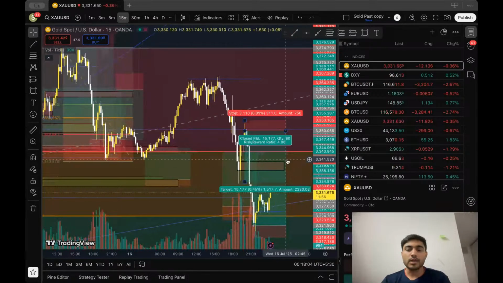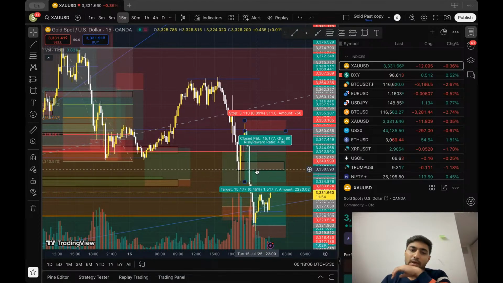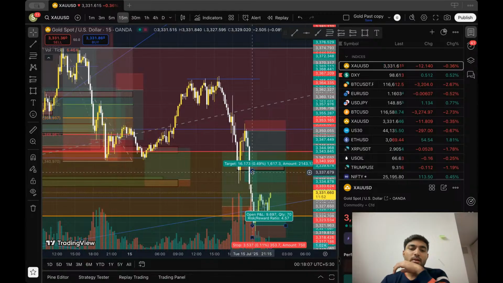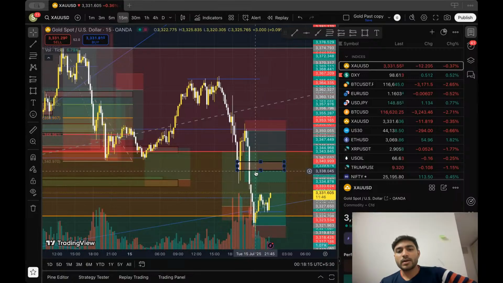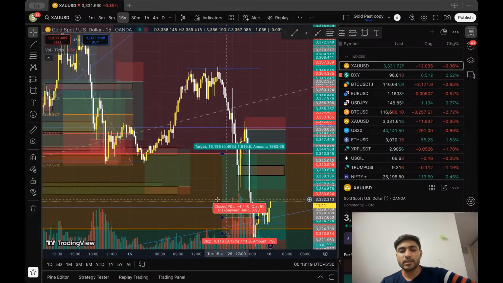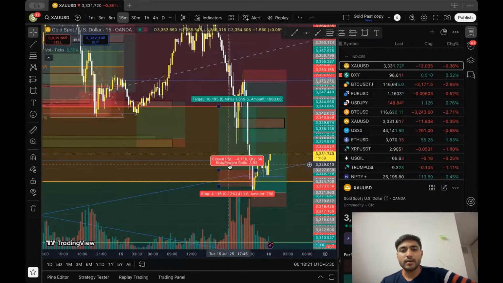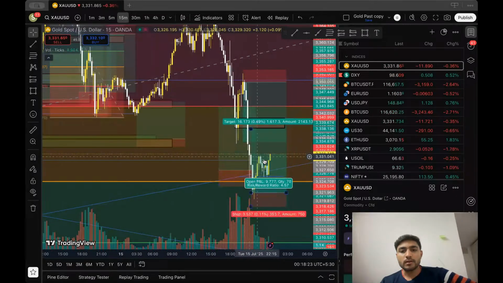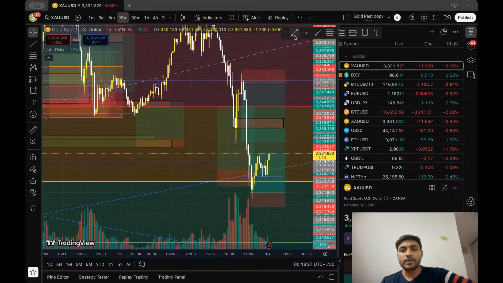That could be the most target that we could achieve today. I don't know if we can achieve that today, but if there is a market structure shift, sorry, change of character here, I want this 15-minute closing above this level. If that happens, then it's a piece of cake, it will probably be easy.